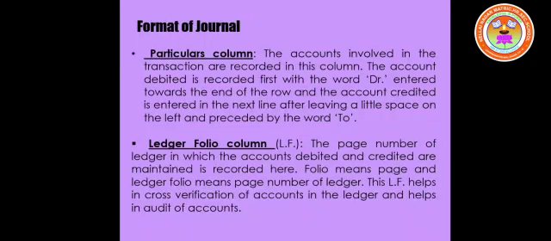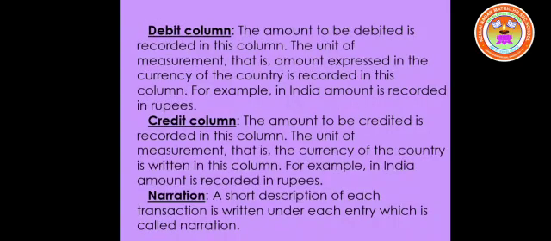When the transactions of similar nature take place on the same date, for example, if we sell goods for cash to two different customers, the two separate transactions will be combinedly journalized.